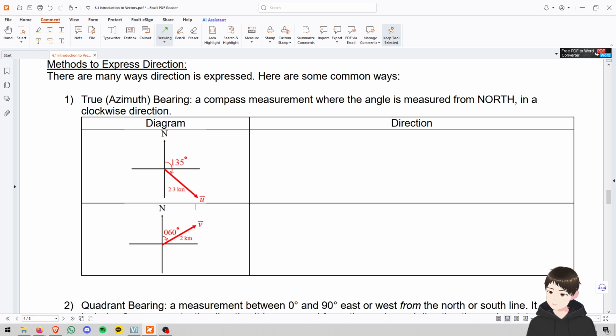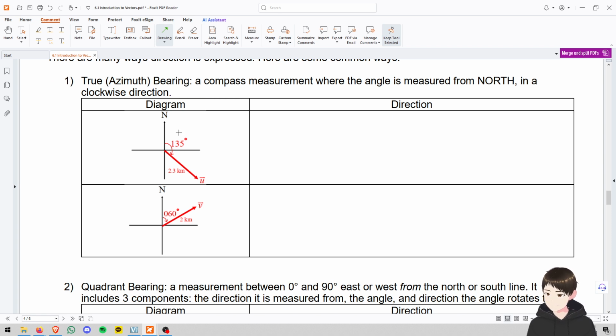So if I gave you a vector u that is 135 degrees from the north direction, and it has a magnitude of 2.3 kilometers, you would say vector u equals 2.3 kilometers, 135.